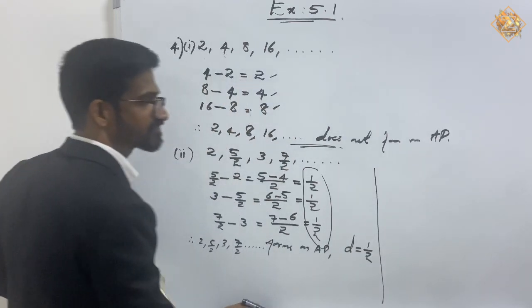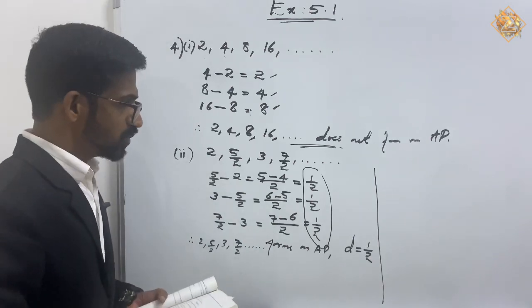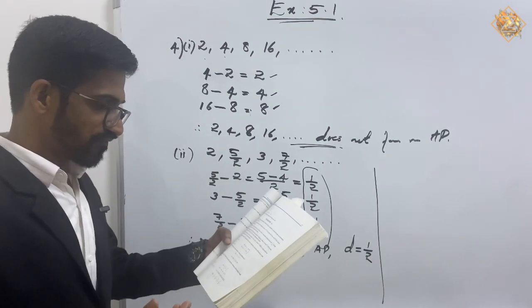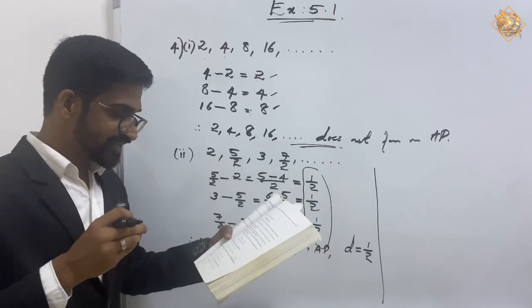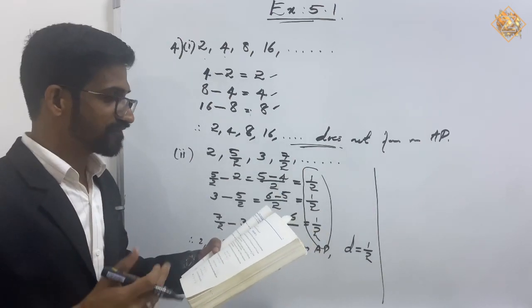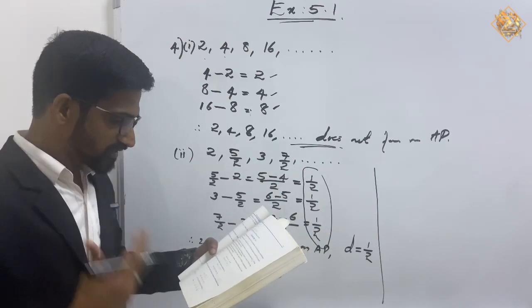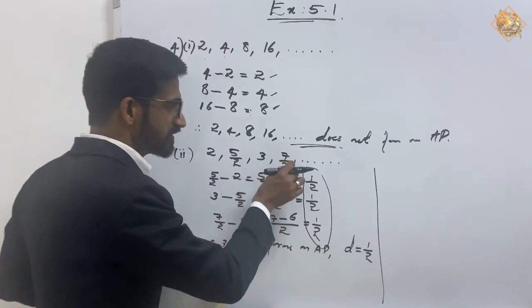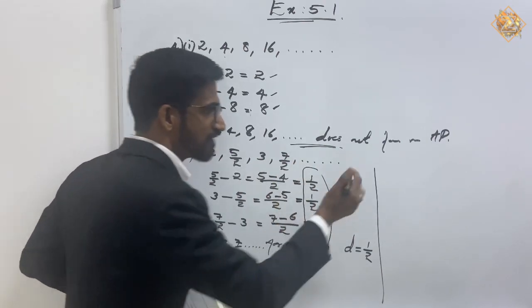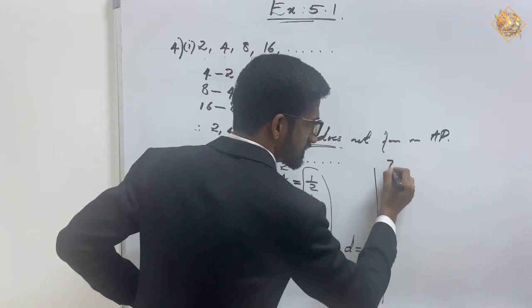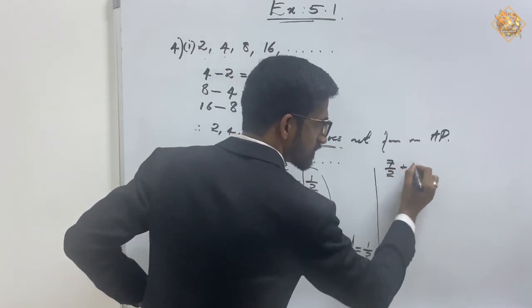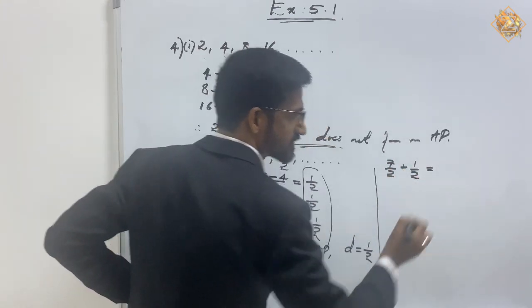Hope it is clear. Okay, now in the question they have asked us to find, if it's an AP, the next 3 more terms. For that, along with the fourth term, to get the fifth term, we have to add the common difference, that is 7/2 plus 1/2, isn't it?